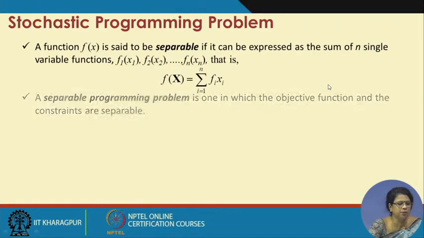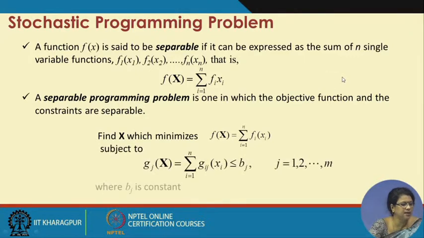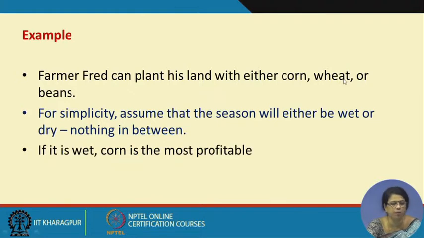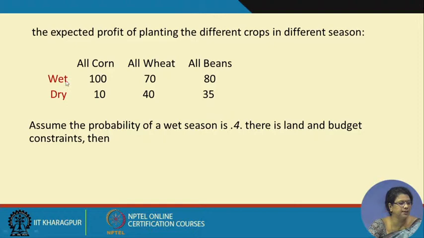And the stochastic programming problem is another variety, where the objective function and the constraint part may have decision variables which are probabilistic in nature. One example is the expected profit figures for corn, wheat and beans in wet and dry weather.